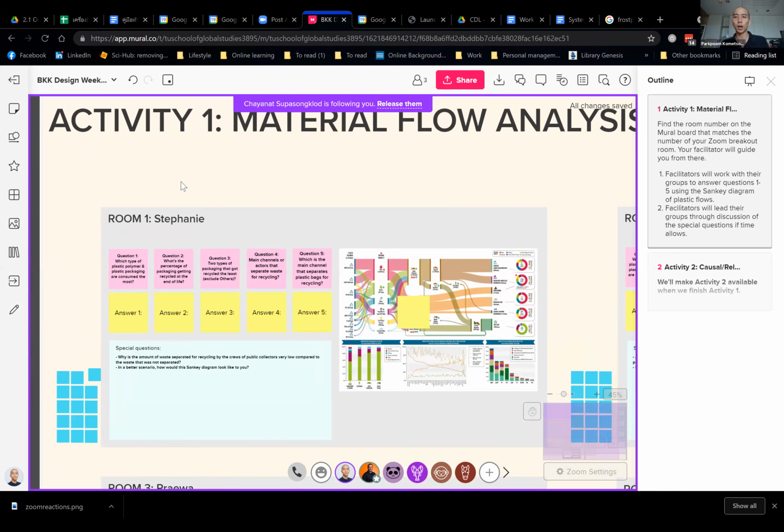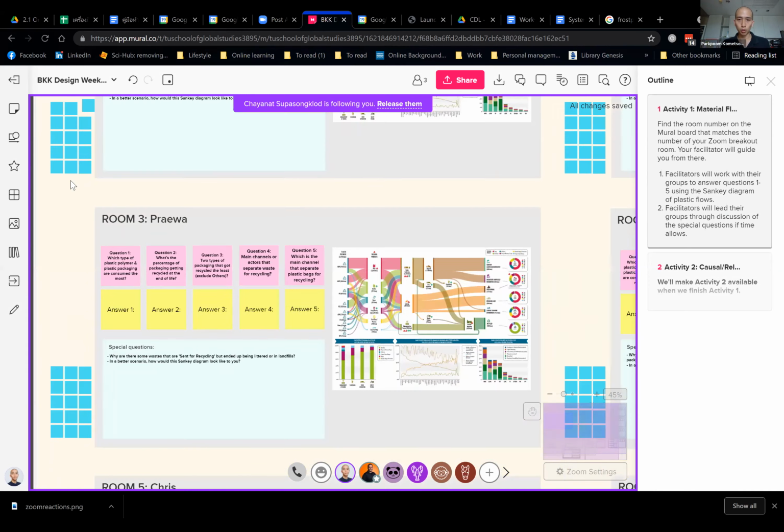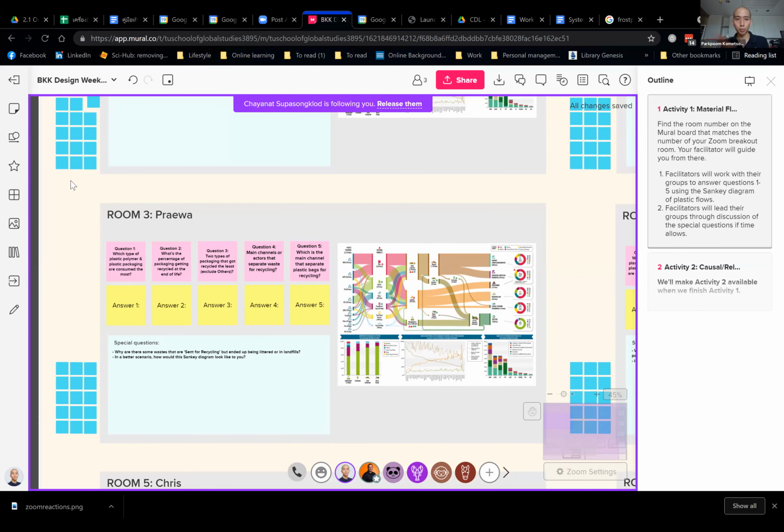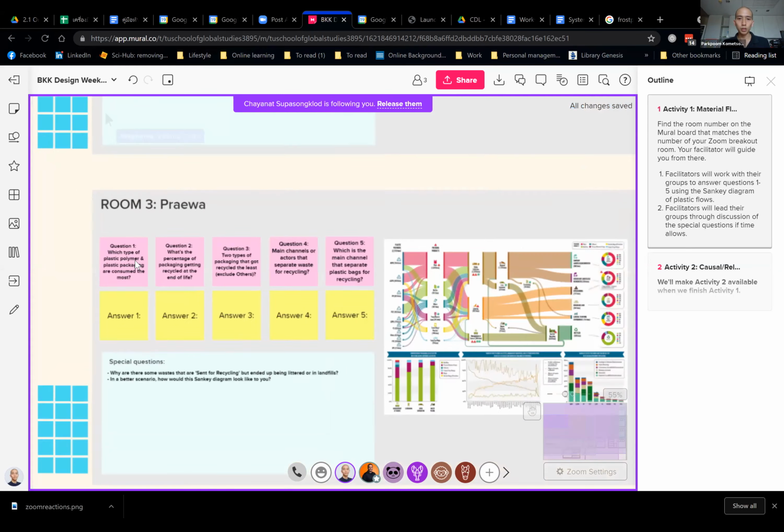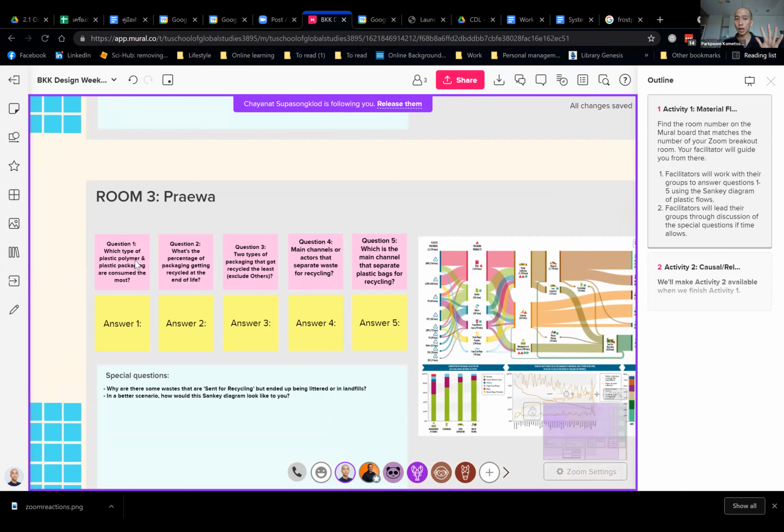So say your breakout room is room number 3, then you go to room 3. The facilitator in that room would be Ms. Prawa, where you will be answering 5 questions and one or two special questions. The idea of this first activity is to let you familiarize yourself with the stock and flow analysis.